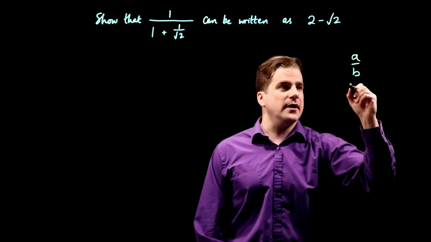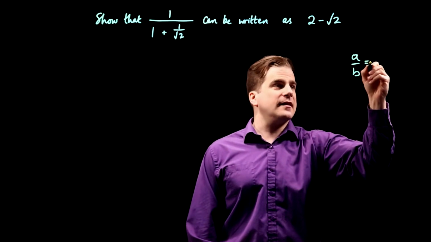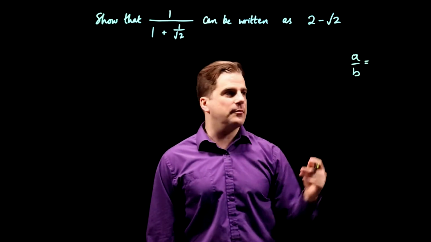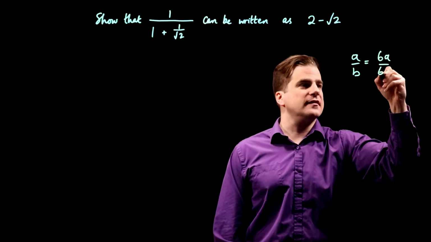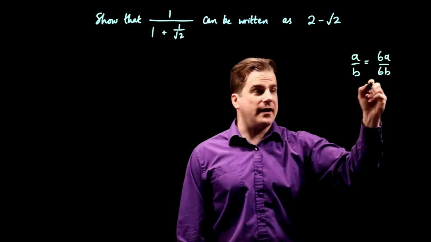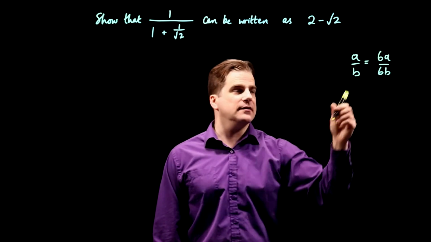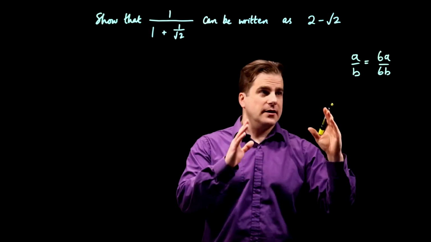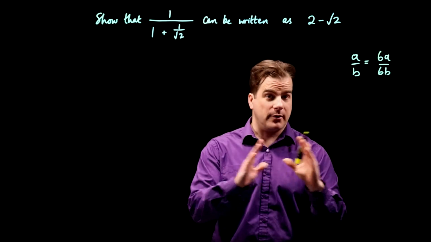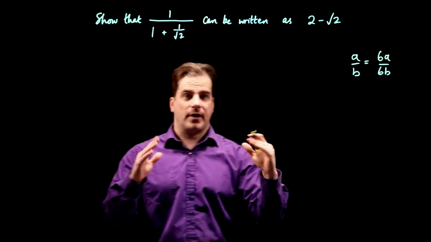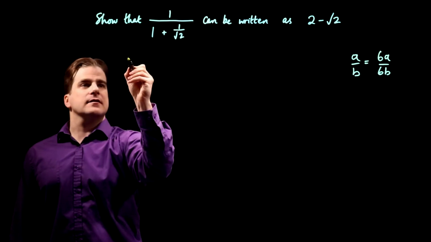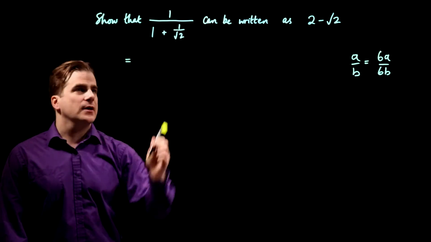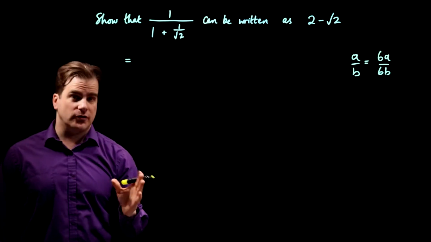So a over b is exactly the same as, let's multiply top and bottom by 6, 6a over 6b. It's still the same fraction. So with fractions, you can multiply the bottom by whatever you like as long as you multiply the top by the same thing. So that is equal to, we're going to multiply top and bottom by root 2.